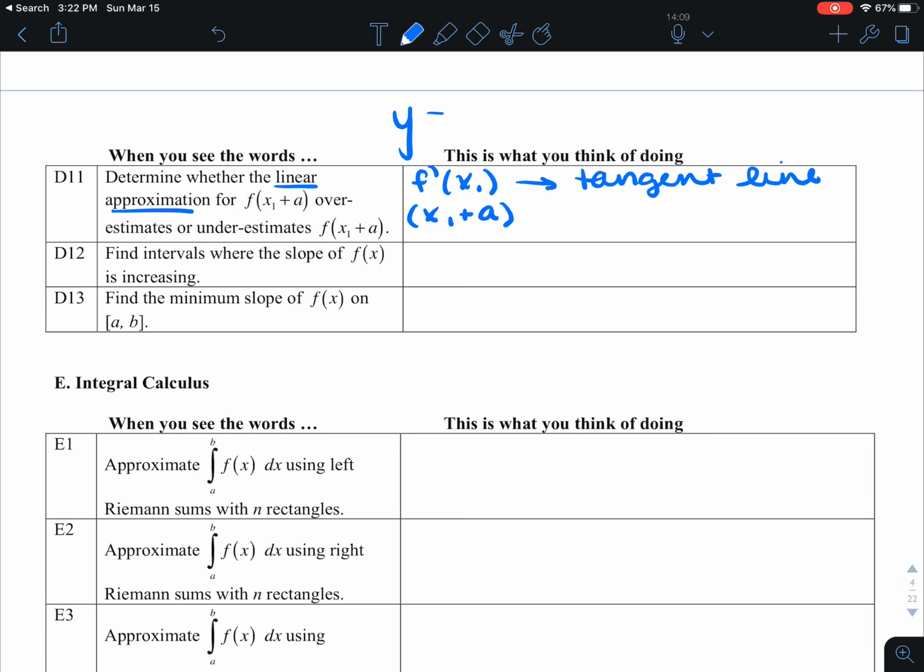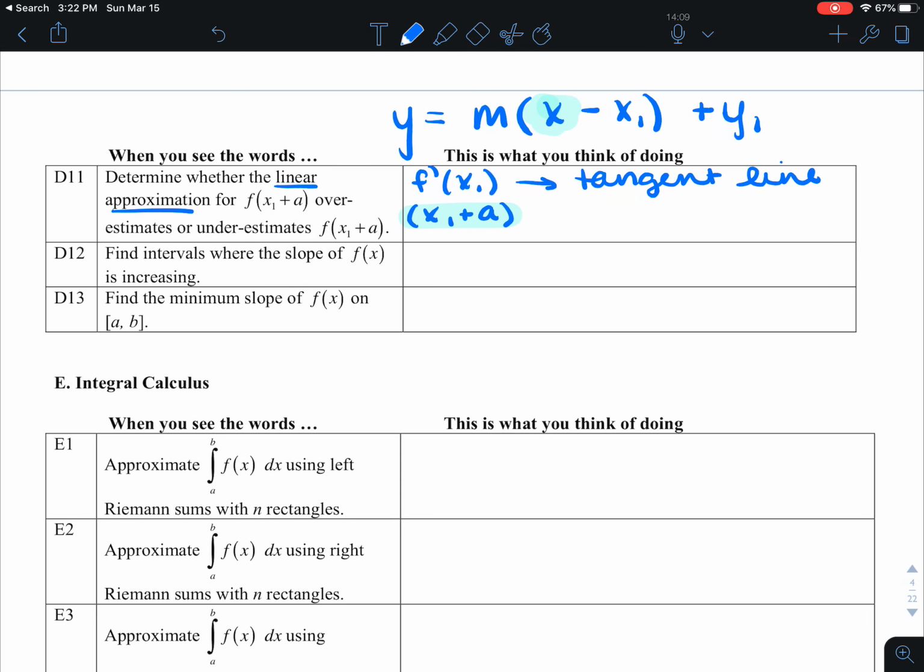So if you have the equation y equals m times x minus x sub 1 plus y sub 1, you would plug in this value for here and then get your y value of your new point.